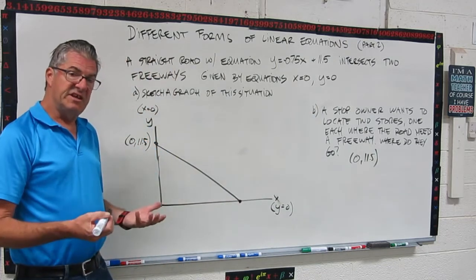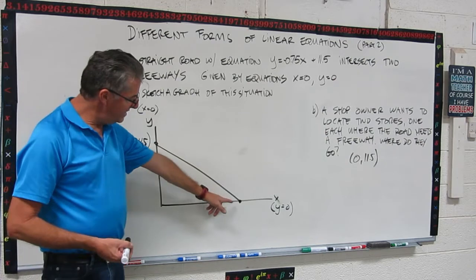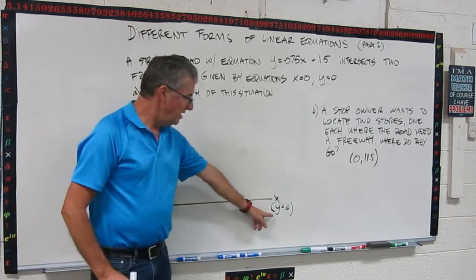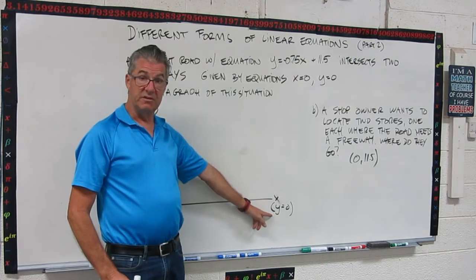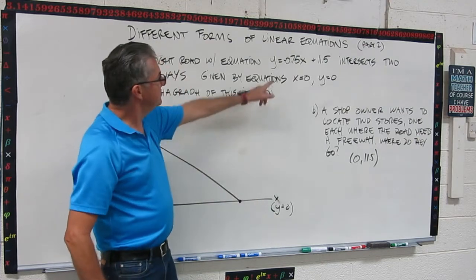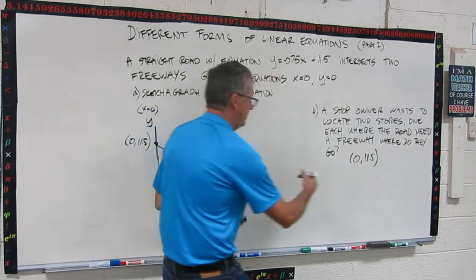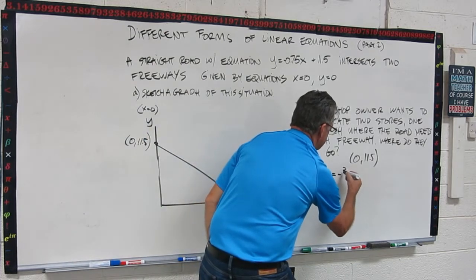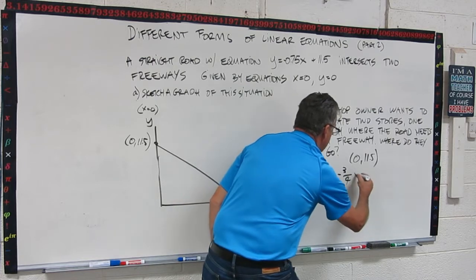Now that's the x-intercept. That's where the line touches the x-axis, and as we know from our equation here, that's the line where y equals 0. So to find this intercept, we just set y equal to 0 and solve for x. I'm going to use 3/4 because I like that better.